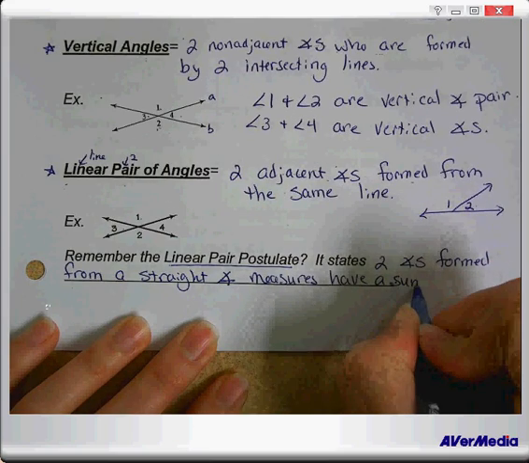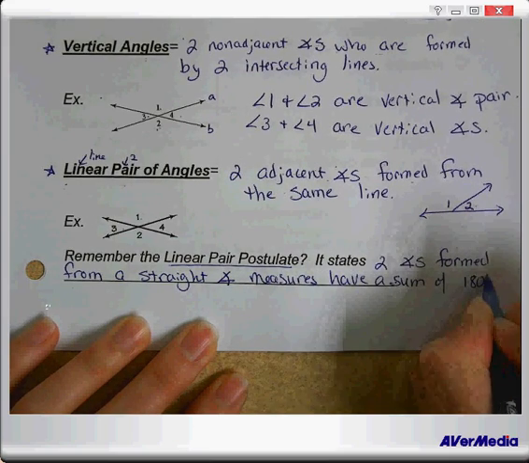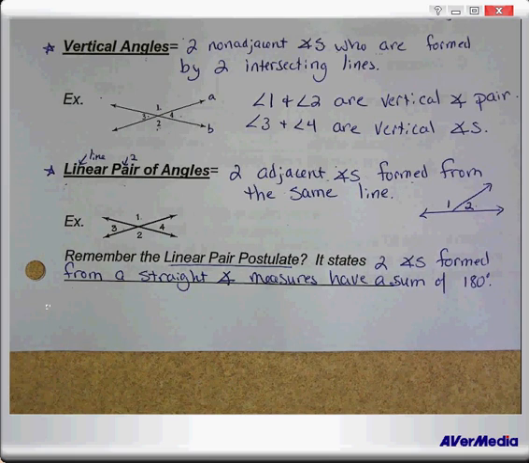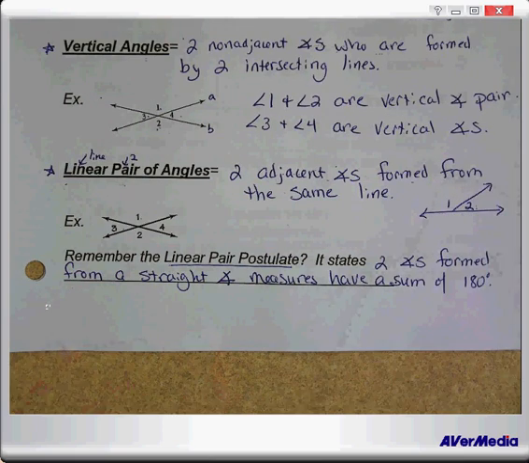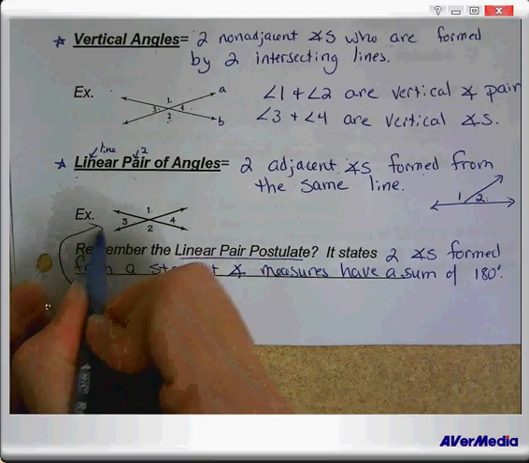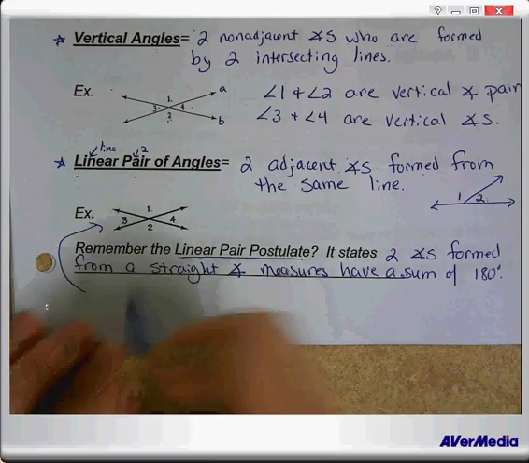We know that a straight line or a straight angle has 180 degrees. So the two angles that make the linear pair, like 1 and 2 right here, add up to 180. Sum of the parts equal the whole. We just knew the whole was equal to 180 degrees. So, from this diagram up above, let's look at all of our pairs. That means the measure of angle 1 plus the measure of angle 3 is 180 degrees.